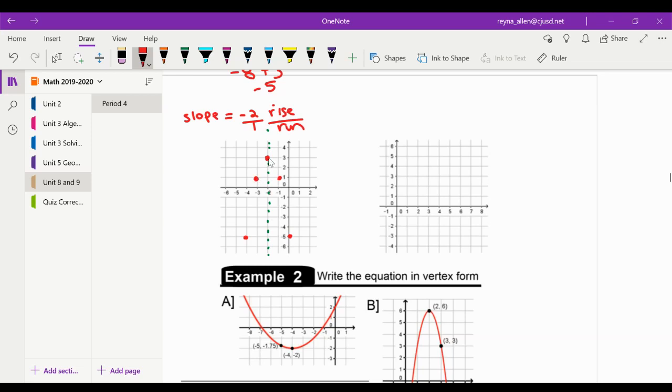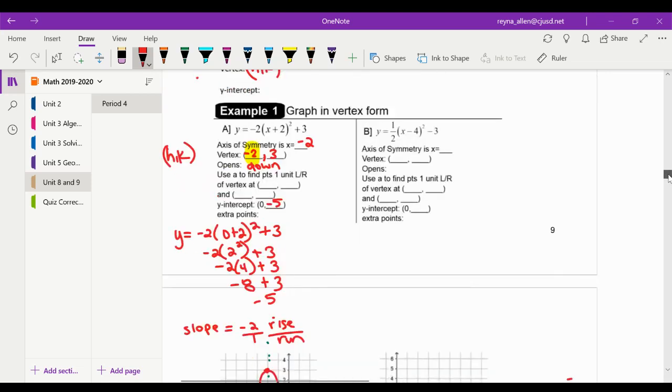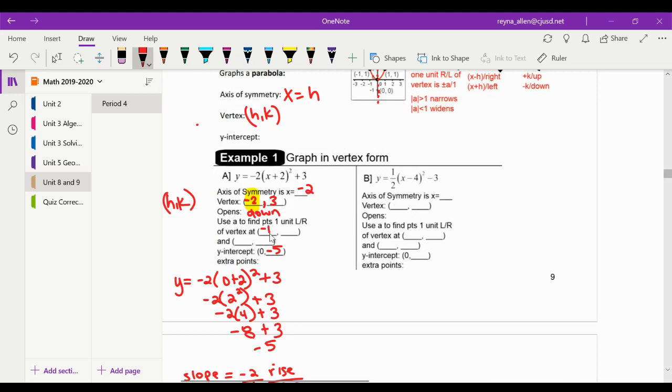And that is enough to draw our parabola. So this one is all done. Oh, and then if we wanted to put those 2 points, we could. That is -1, 1 and -3, 1.